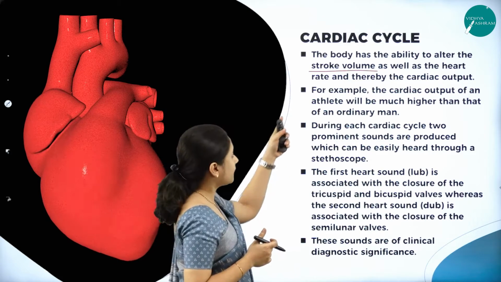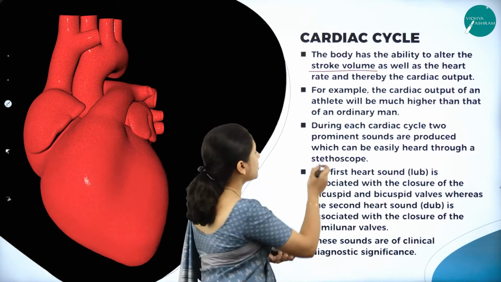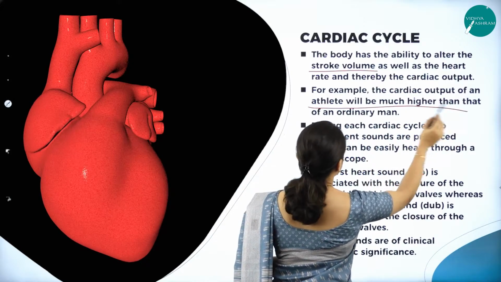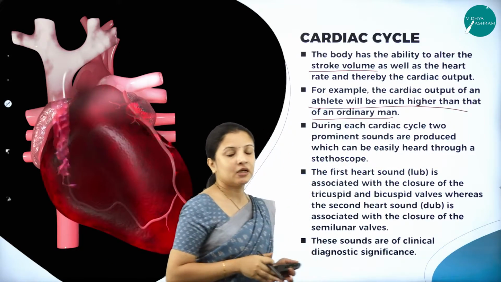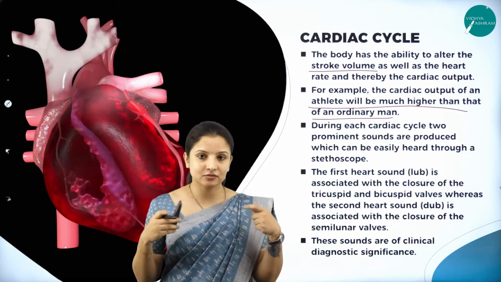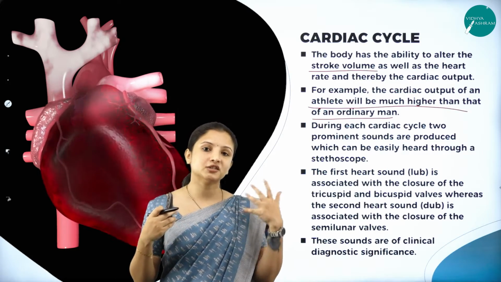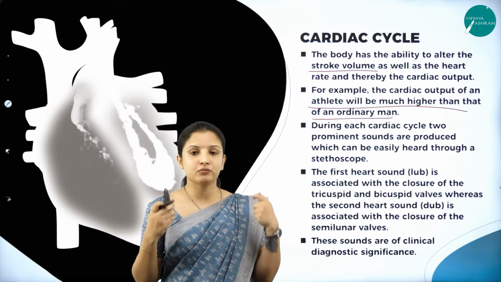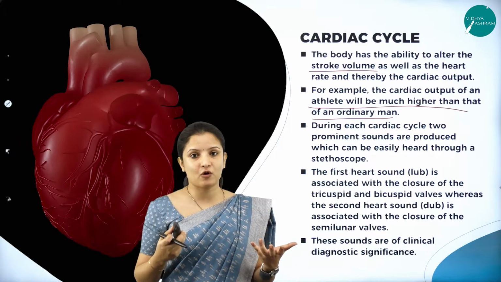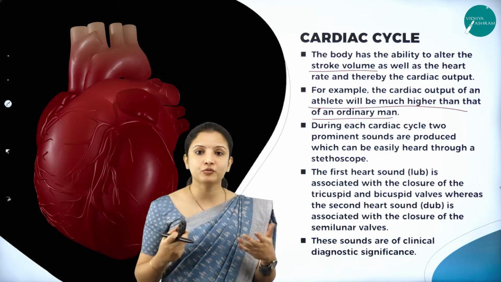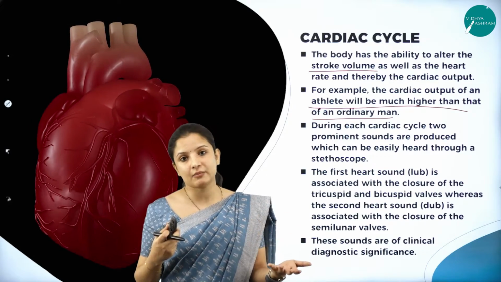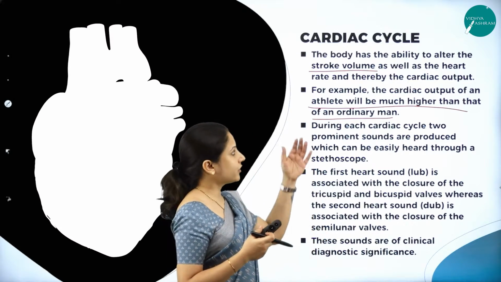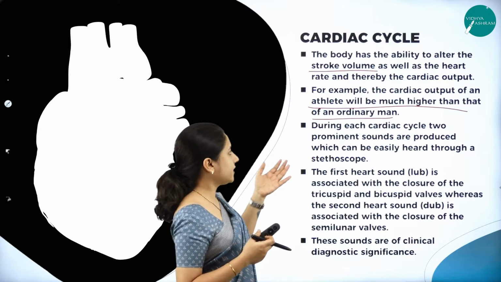For example, the cardiac output of an athlete will be much higher than that of an ordinary man, because when an athlete is working out or doing a sports activity, he needs more oxygen. At that time the cardiac output will increase. It will not be 70 ml per beat. So it will alter. That is what we need to keep in mind.